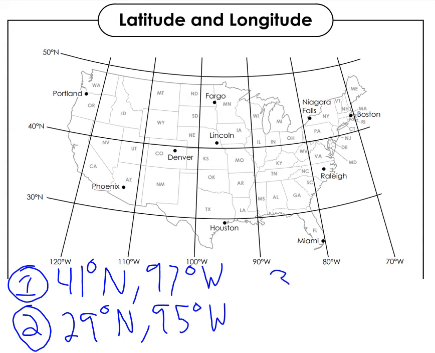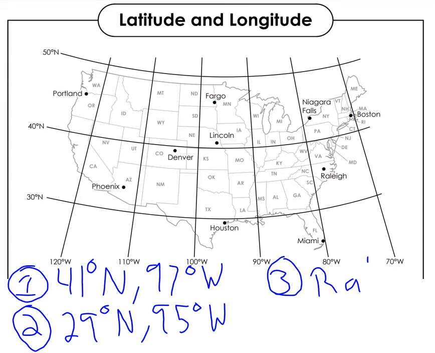Then for number 3 on the online discussion, you have to tell me in the correct form, so degrees north and degrees west, what is the latitude and longitude of Raleigh.